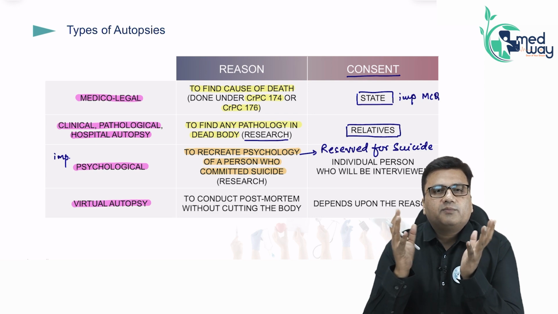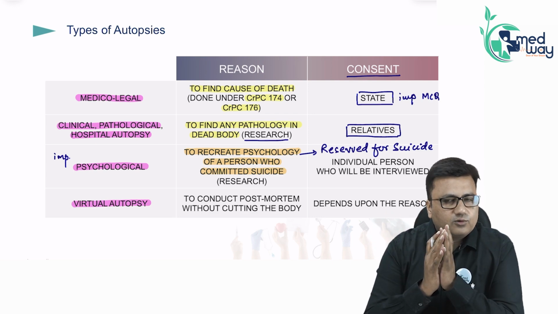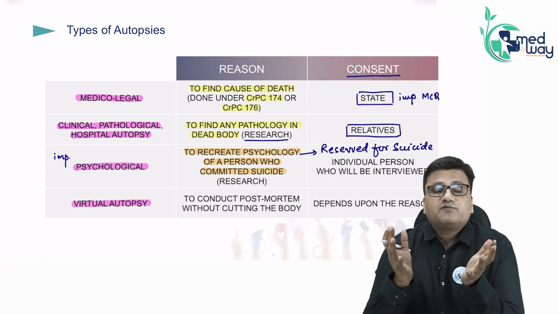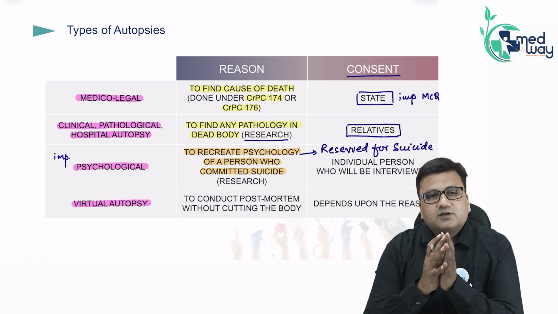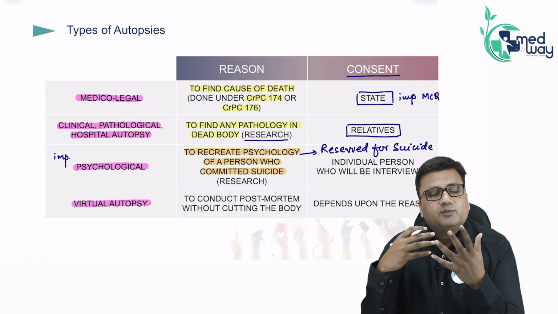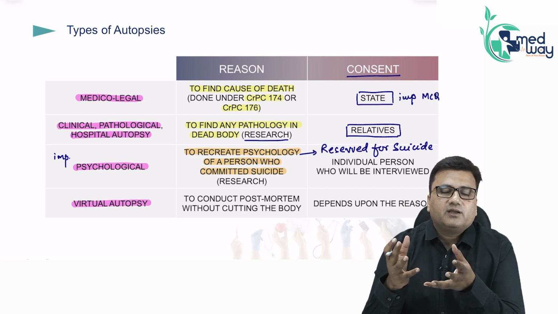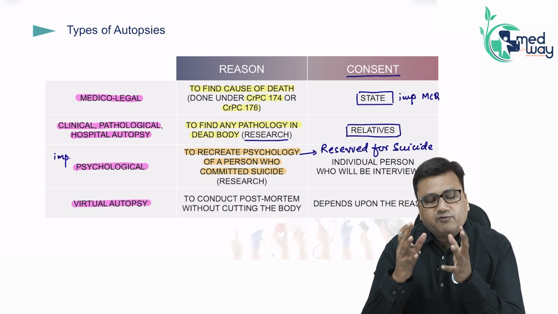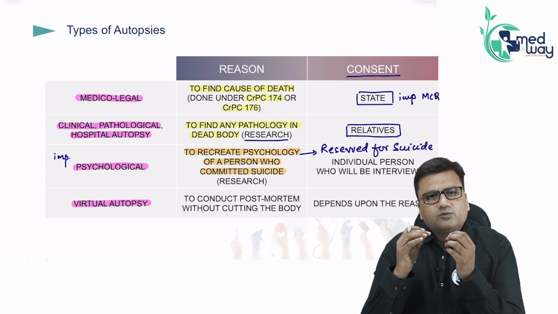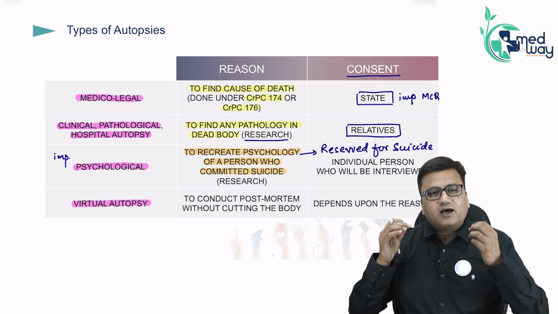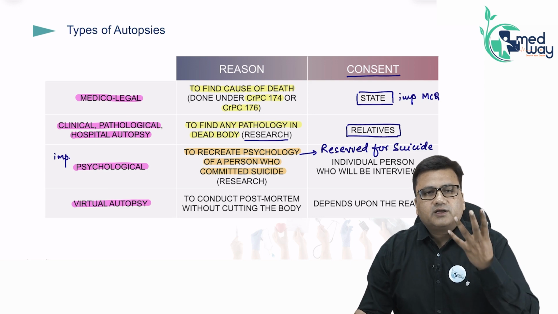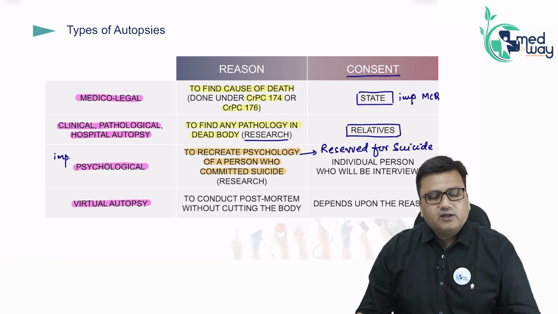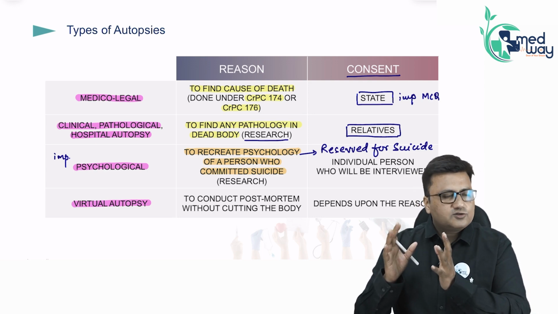Consider a person who commits suicide by hanging himself. His body is found by the family members, who in turn call the police. The police take the body and conduct an inquest under CRPC 174, because the police would want to remove any doubt in their head that no other foul play is involved, and that this eventually is a suicide.